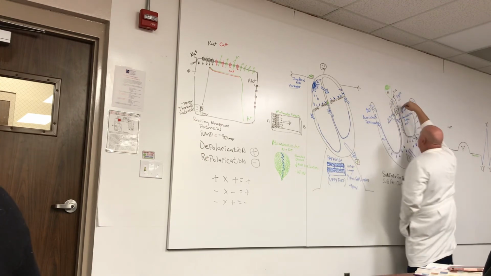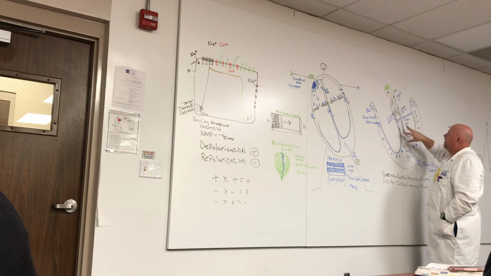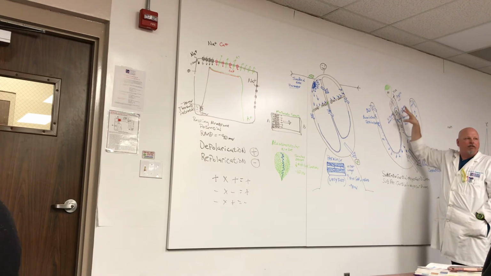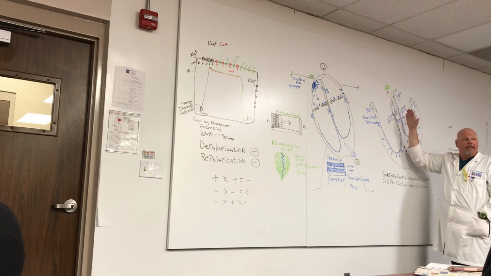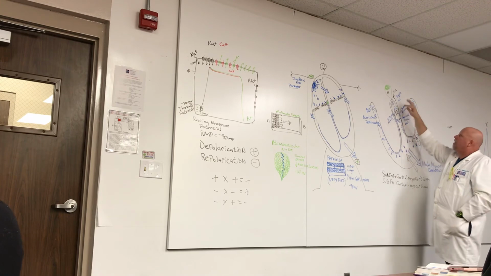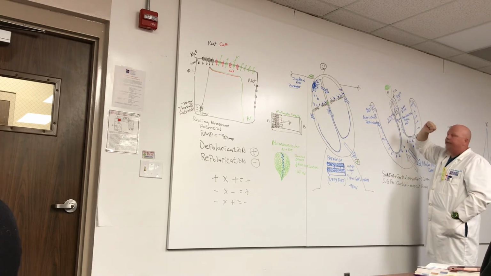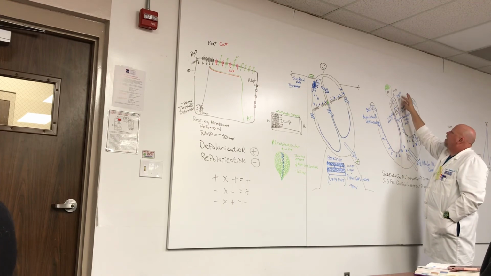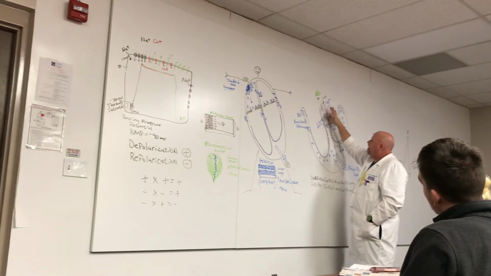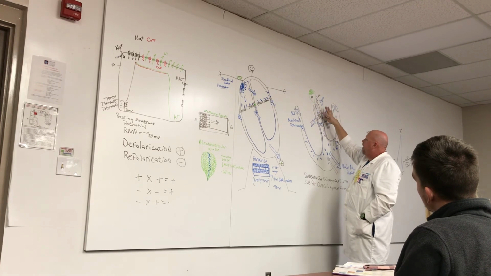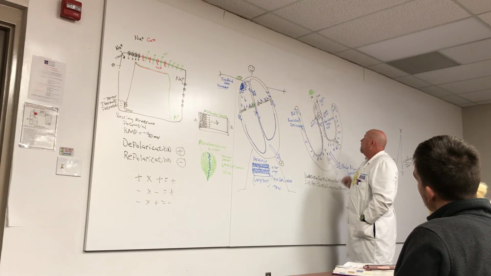Now as it comes into the bundle of His, into the interventricular septum, which is fibrous tissue up here on the top of the ventricle, the bundle of His comes through and splits into the right and left bundle branches, which come down the outer sides of that.